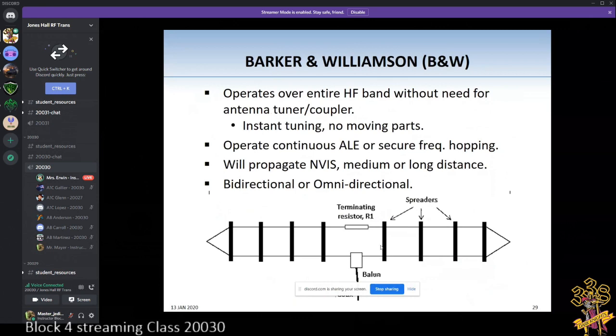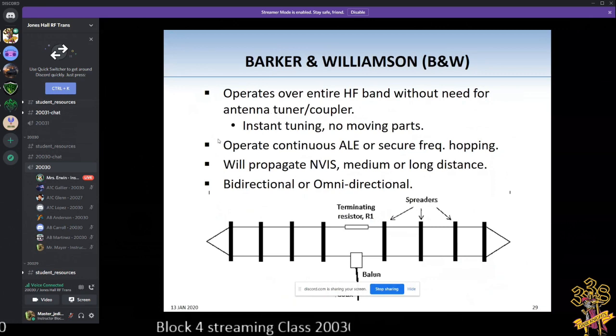Now, with a tuner, it can go up to 60 megahertz. Because you do not need a tuner from 2 to 30 megahertz, it's a great antenna to use if you are operating in ALE or frequency hopping, because it doesn't need a tuner.